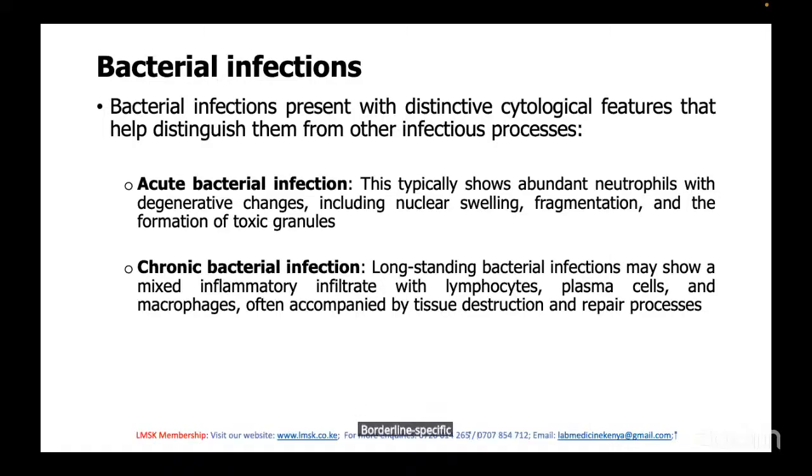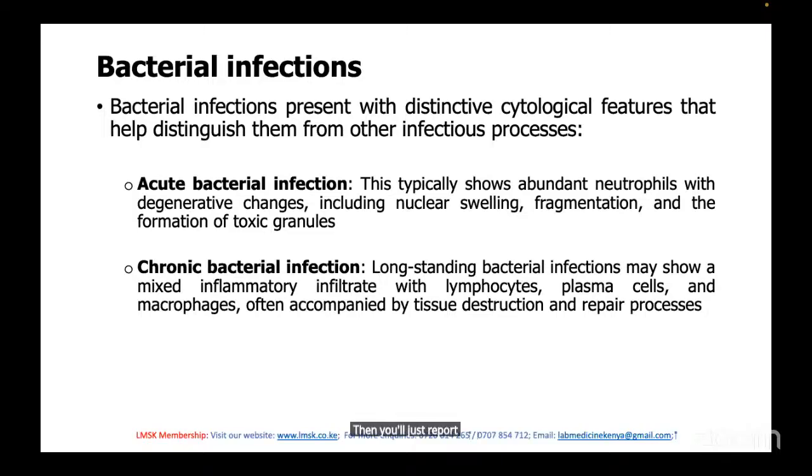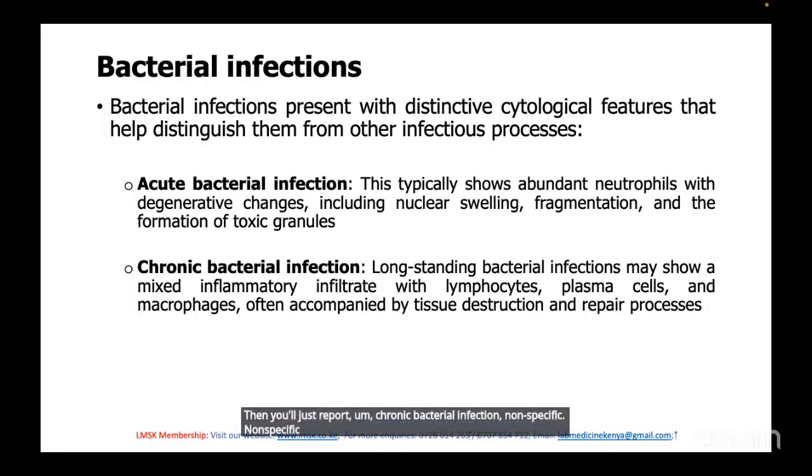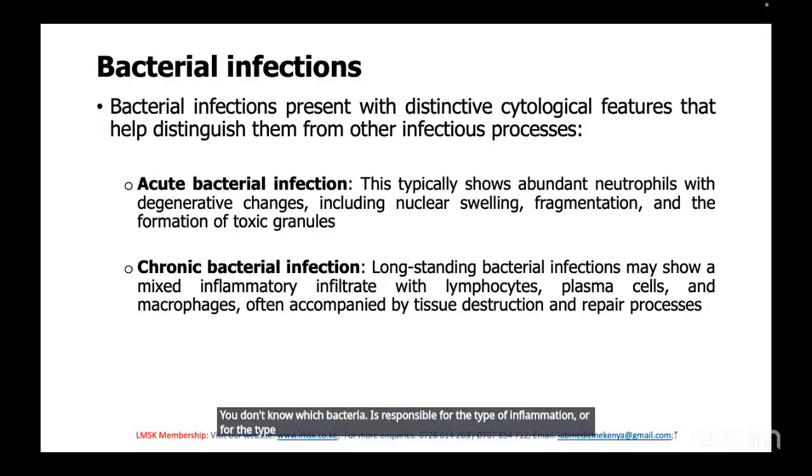If you don't see a microorganism there, but you've seen lymphocytes, plasma cells, and macrophages, then you just report chronic bacterial infection, non-specific, because you don't know which bacteria is responsible for the type of inflammation or for the lymphocytes, plasma cells and macrophages that you are seeing.